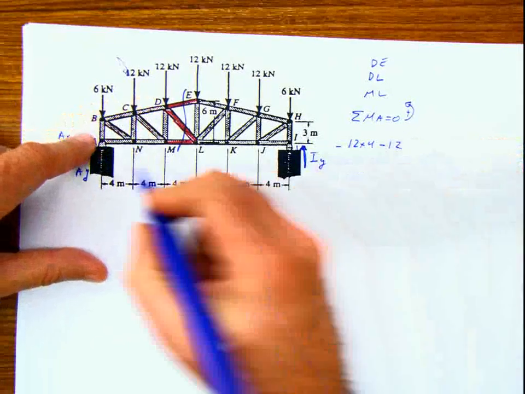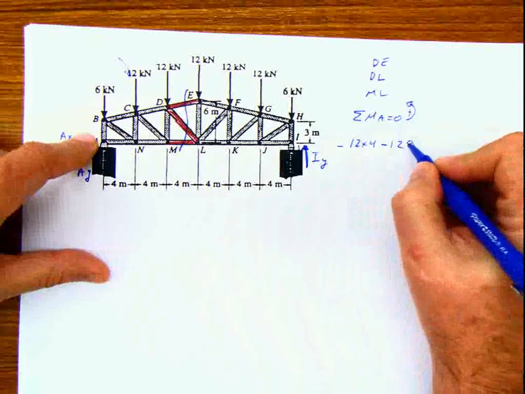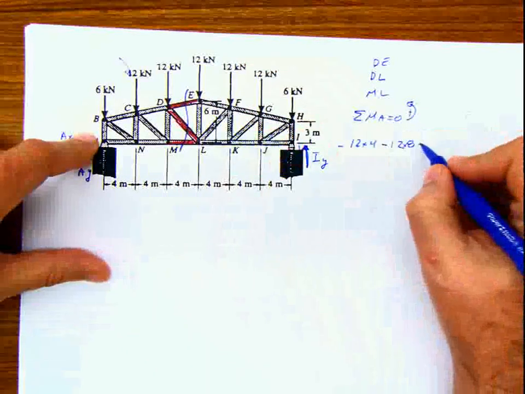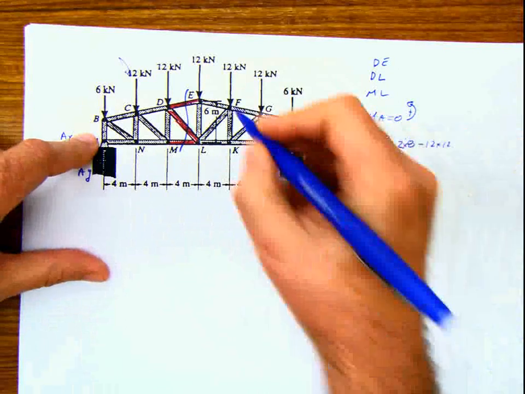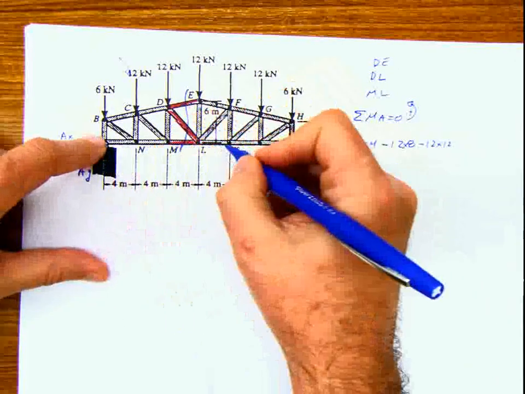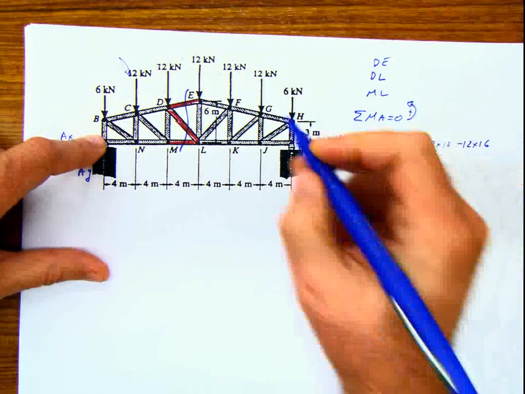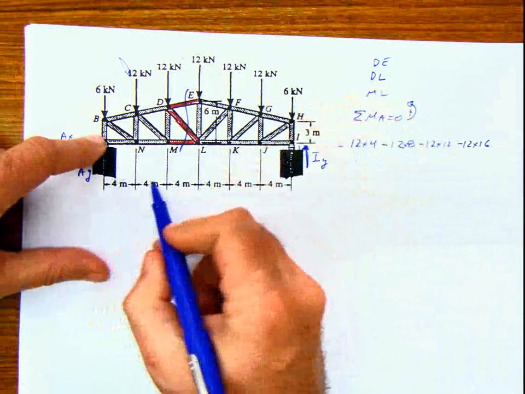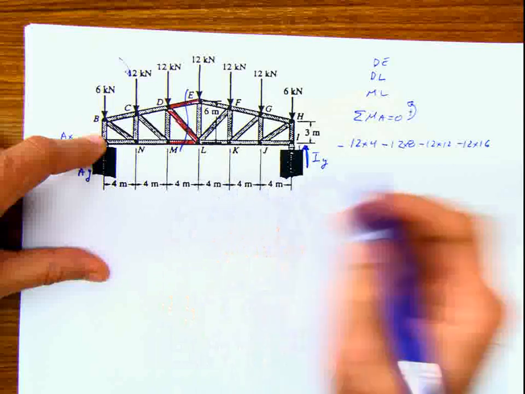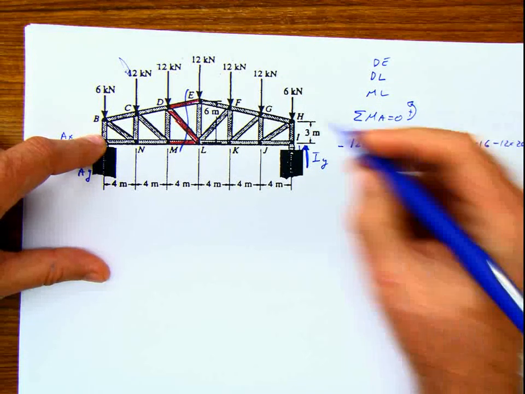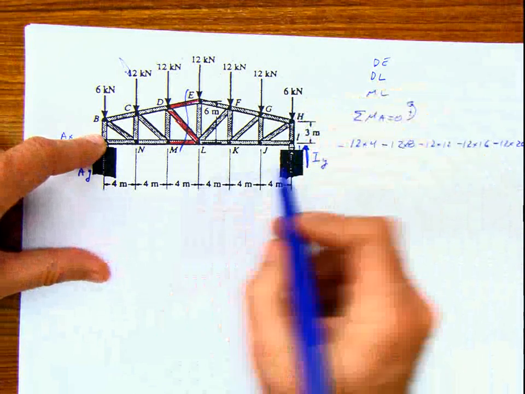Negative 12 times 8. Another 12, negative 12 times 12. This other 12 times 16. These other 12, 4, 8, 12, 16, 20. This 6, 24.